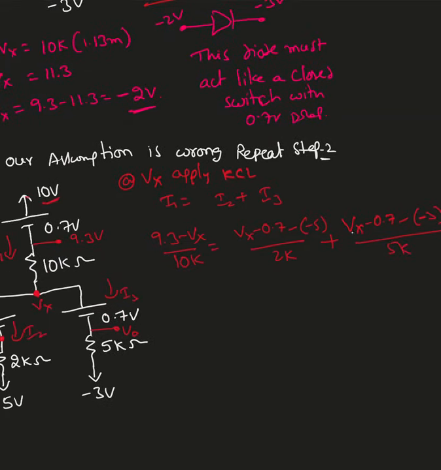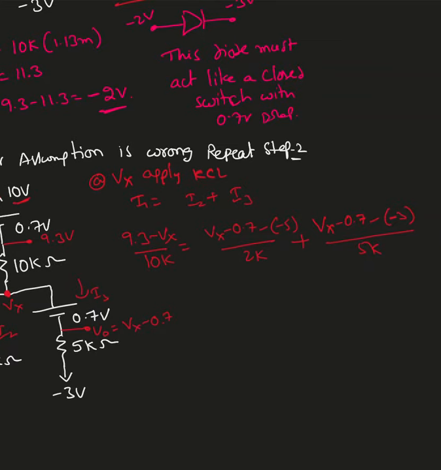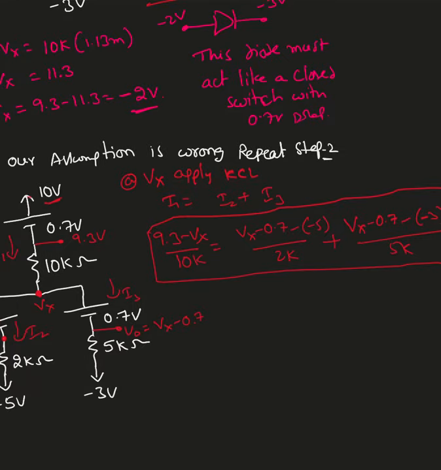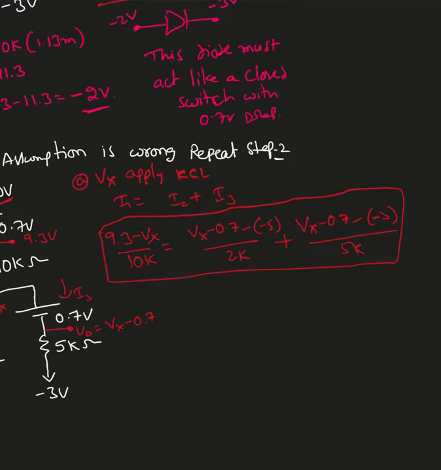Why did I put Vx minus 0.7? Because the voltage V0 here must be Vx minus 0.7. So V0 minus of minus 3 over 5K will give me I3. That's how I end up with this equation. Here there is only one unknown, that unknown is Vx. After solving this equation, I found Vx equal to minus 2.1 volt.